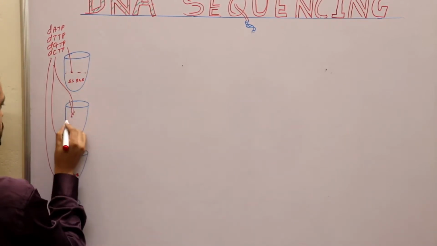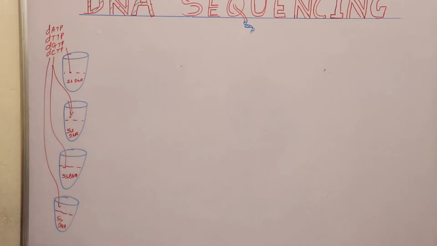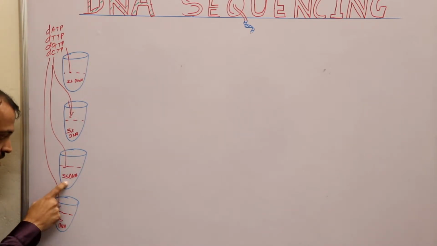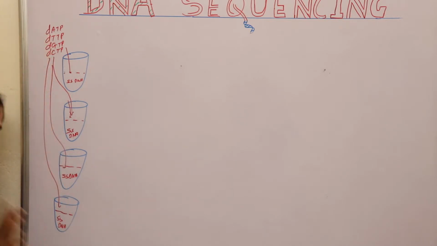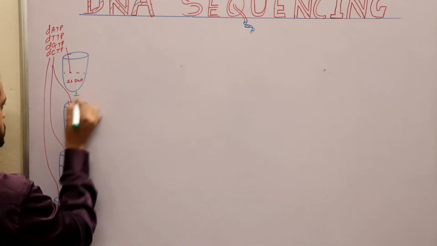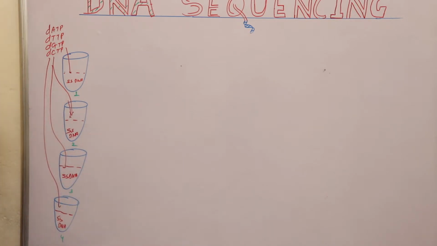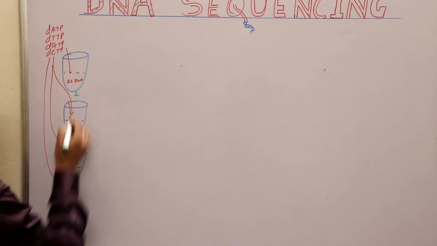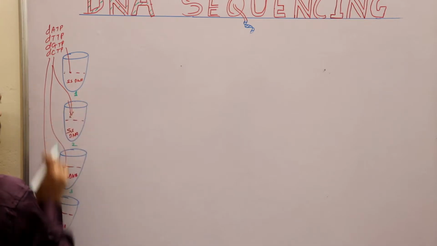So now these test tubes contain single stranded DNA as well as all the 4 deoxyribonucleotides. Now listen. This is the first tube, this is the second tube, this is the third tube, and this is the fourth tube. It is 1, 2, 3, 4.